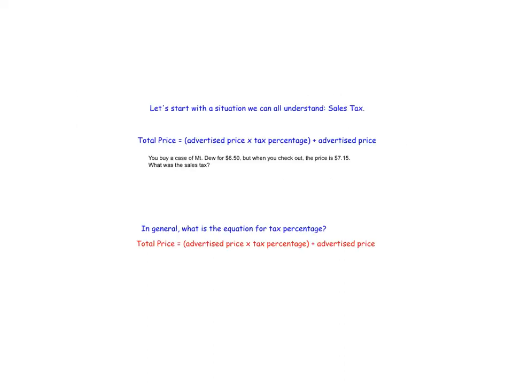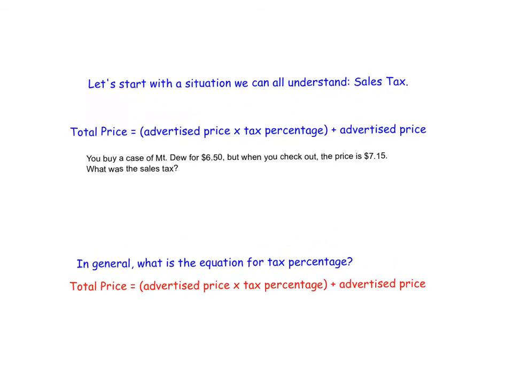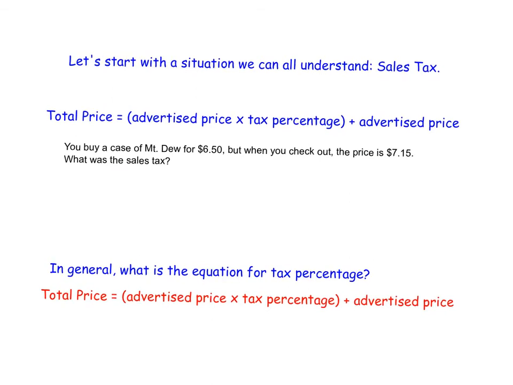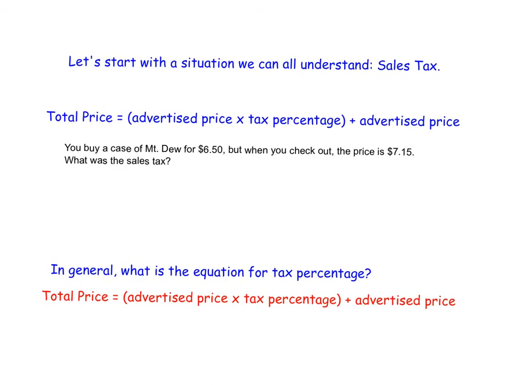We're going to start with something we can all relate to, and that is sales tax. I'll try to make sure I explain this so that you all understand. The total price of something is the advertised price times the tax percentage plus the advertised price.